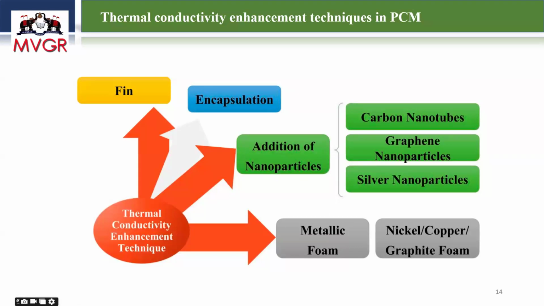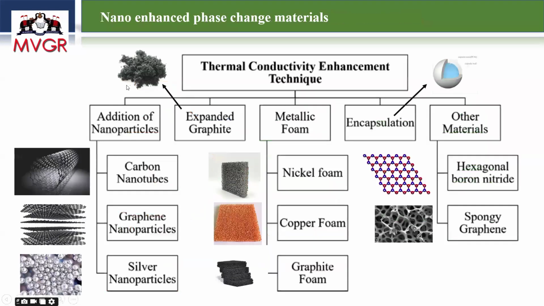That is a possibility: you can add nanoparticles. Carbon nanotubes, graphene, and silver nano are high thermal conductive nanoparticles. If you mix these particles into the phase change material, obviously the thermal conductivity will be improved. That is one advantage. But thermal conductivity will be improved, but leakage was not arrested.